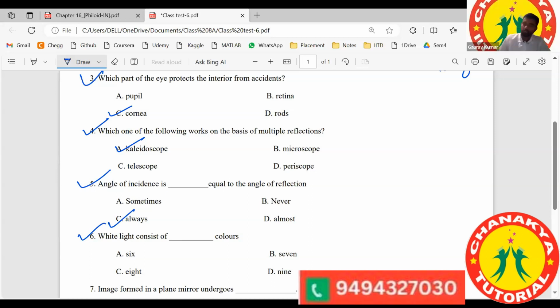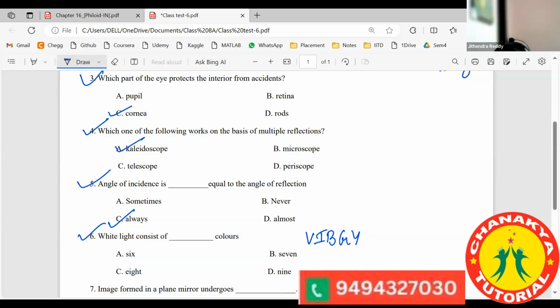What are those? Violet, indigo, blue, green, yellow, orange, red. Very good.